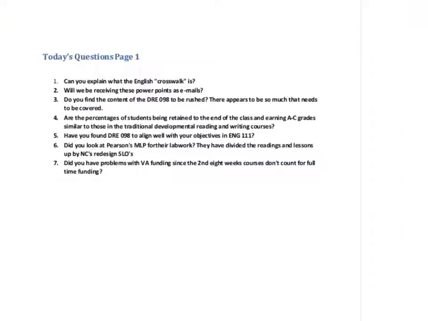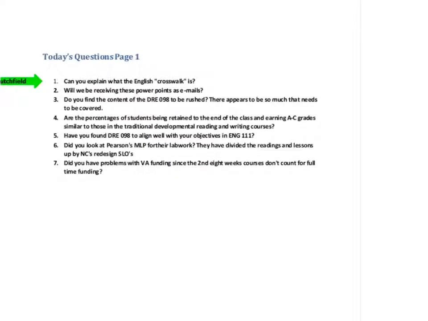Can you explain what the English crosswalk is? Well, the crosswalk can be found in the curriculum document on Success NC, and that crosswalk, as I just mentioned, is being updated. There are 2 separate crosswalks. One is how the current tests offered, the Compass and the Accuplacer, are going to feed into the new courses.